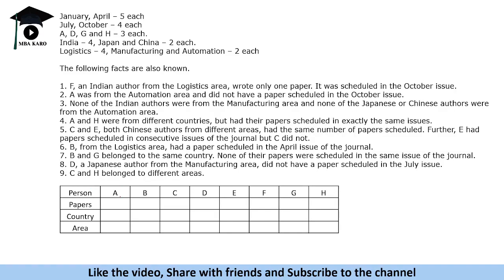We will find the person, the number of papers that they wrote, the country they belong to, and the area of expertise. And also we will make another thing. We will write who wrote paper in January, who all wrote paper in April, who all wrote paper in July, and who are the ones who published in October. So in January and April there should be 5, and July, October there should be 4 publications.